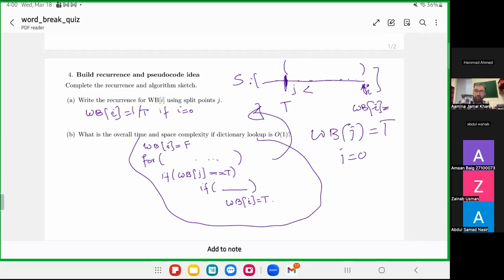Mehreen says that it's order n for both time and space. No, think about it. Look, you have to compute WM of i for everything, and inside that you are doing another loop for j. I don't know, maybe that's what Wahab was referring to. So it's not linear, it's going to be more than linear.